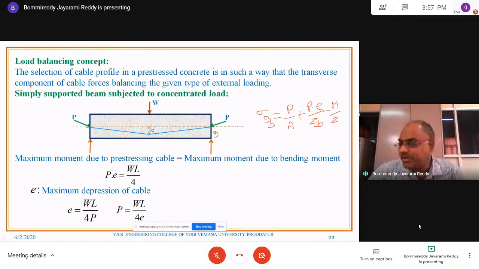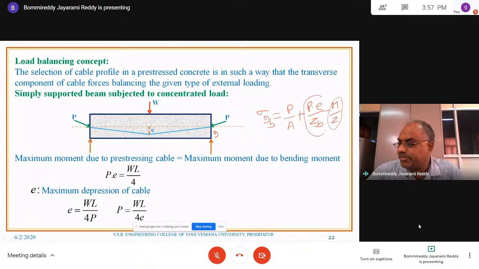So in this particular case, you can look at the end, is there any balancing concept? Because of W, what is the bending moment at the end? Bending moment at the end is 0, so this term vanishes. When this term vanishes, why do you apply more compressive stress? So that's why E is put as 0.